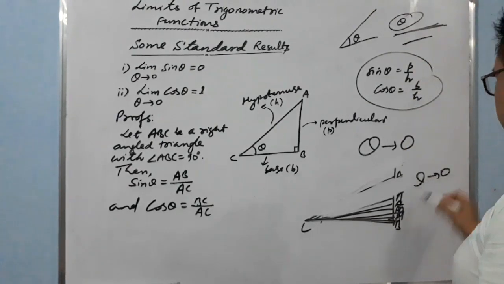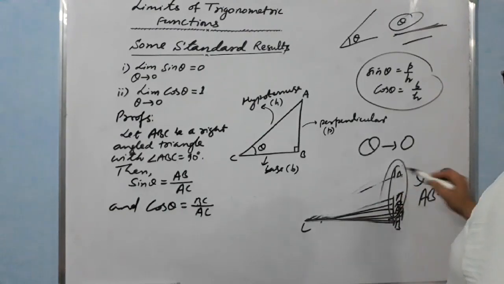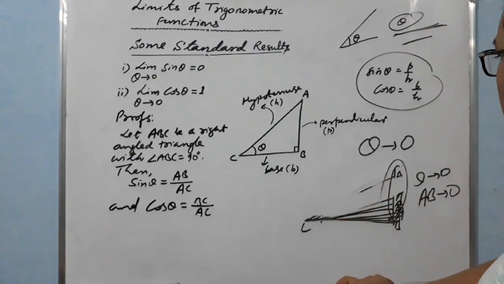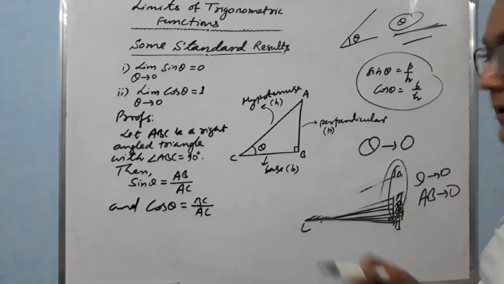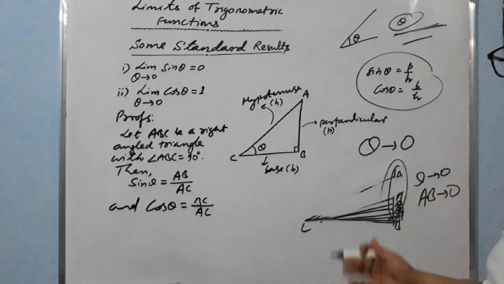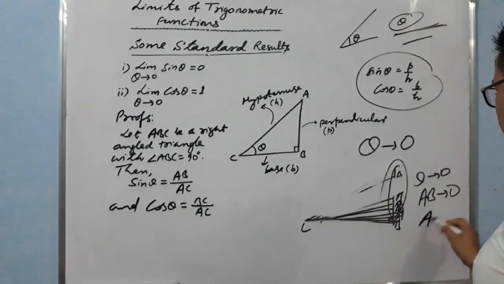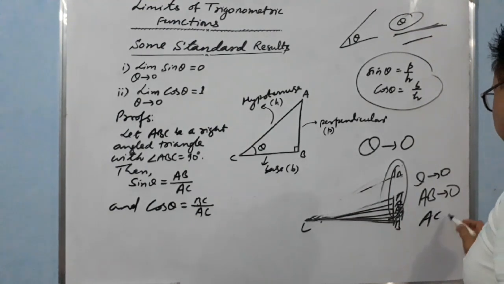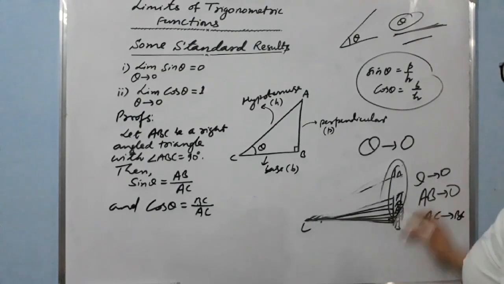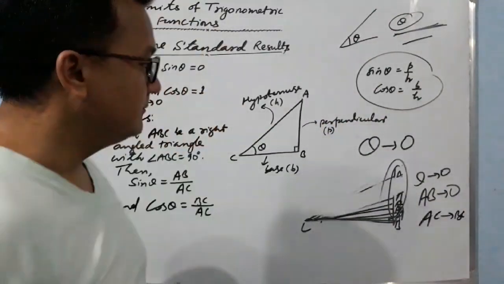When theta tends to 0, AB will have no height, there will be no perpendicular, and it will be almost 0. AB tends to 0, the length of AB tends to 0 when theta tends to 0, and AC becomes equal to BC, AC tends to BC. I think it's clear from this diagram.